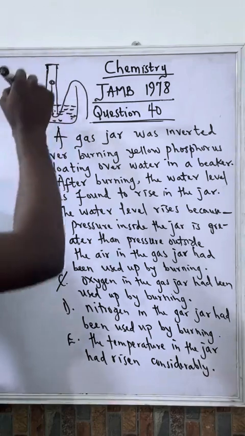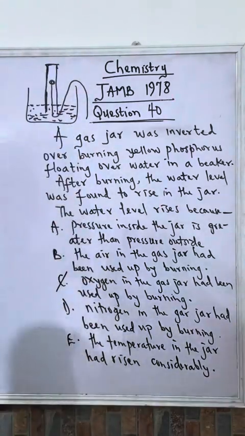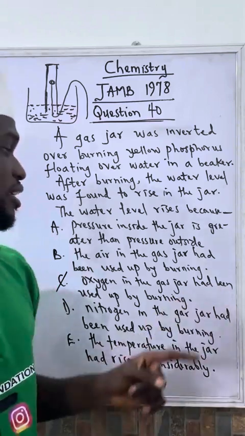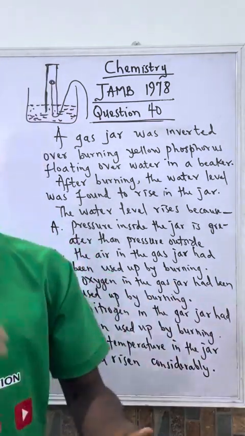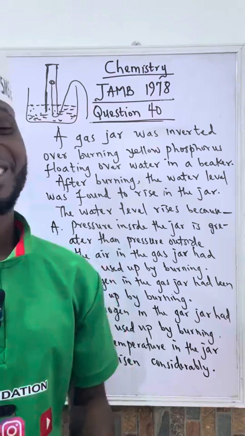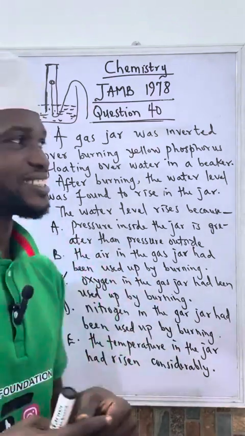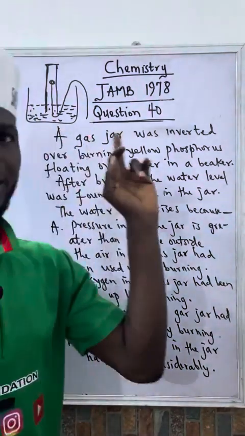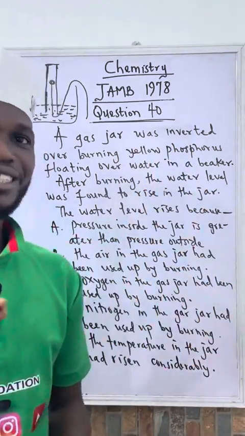You know that air is a mixture of gases: about 78% nitrogen, about 21% oxygen, and we have carbon dioxide, dust particles, water vapor, and inert gases like argon.